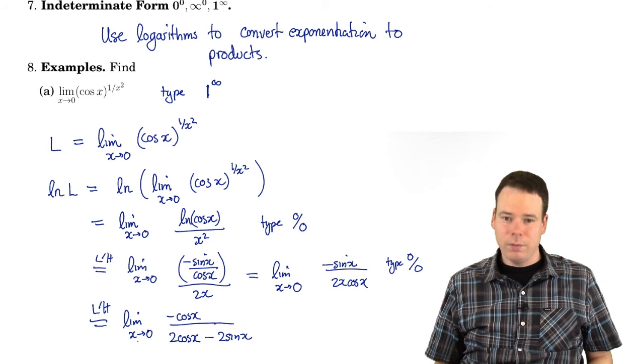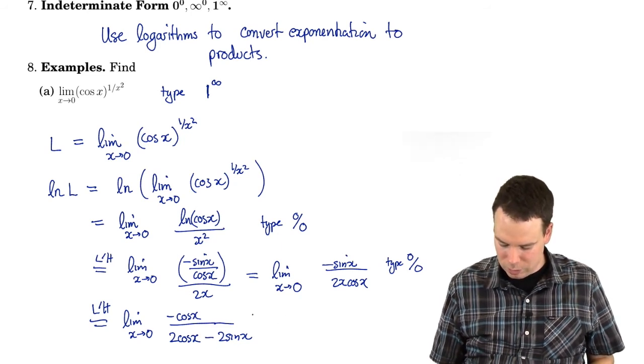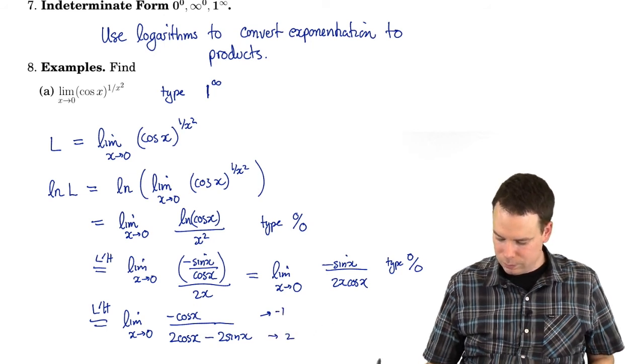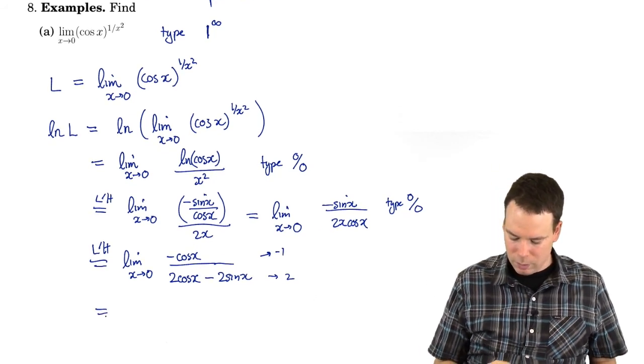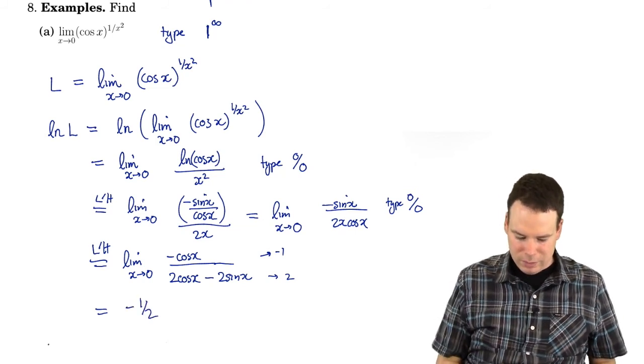And now when we work out the value, the limit as x goes to 0, the top goes to 1, the bottom goes to 2. Actually, the top goes to negative 1, the bottom goes to 2. So we get a limit of negative a half. Now what does this mean?